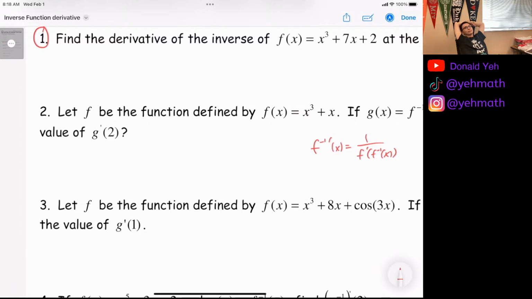Let's go. What is it? Oh, hold up, I'm doing it. 8. 1, 2. So it's 1 over 8, because you put it into g prime.